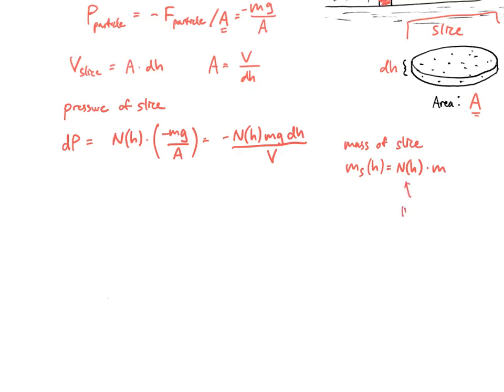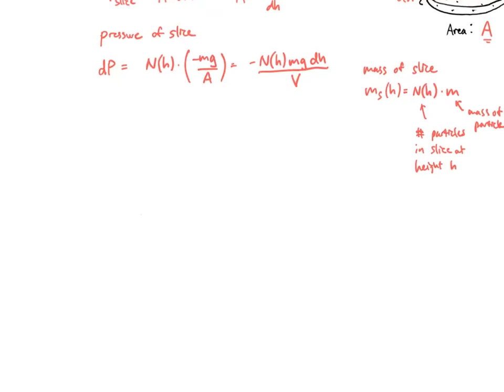So remember, N(h) is the number of particles in the slice at height h, and little m is the mass of a particle. Okay, let's continue.